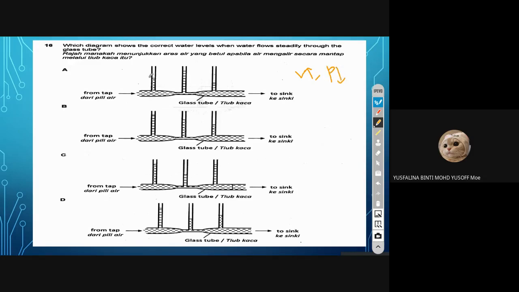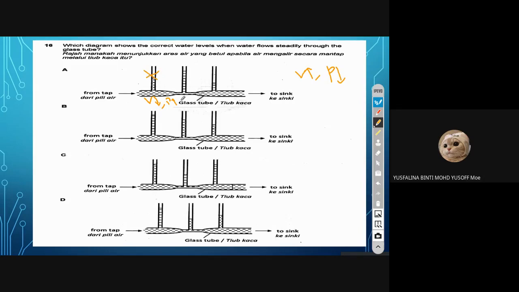So let's see this question. Here for this part, the velocity is low, right? That means the pressure will be high, so the water will rise up. So A is wrong.